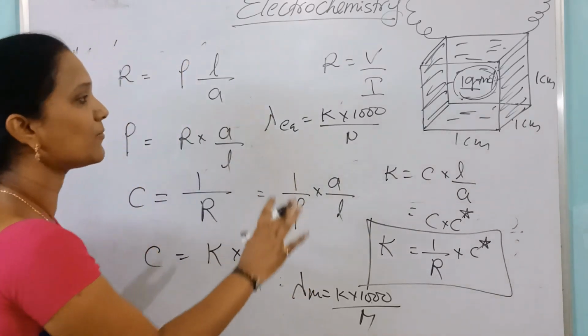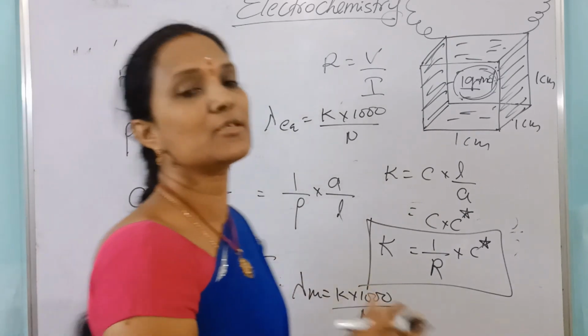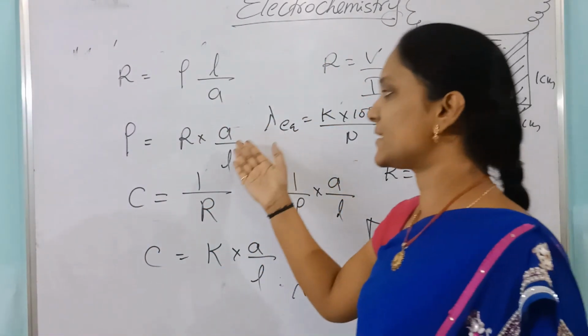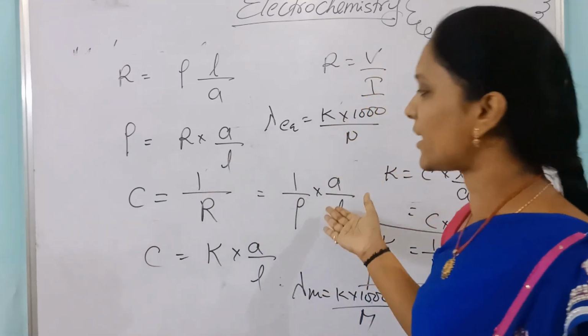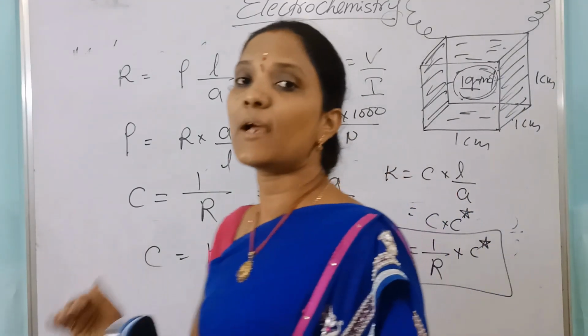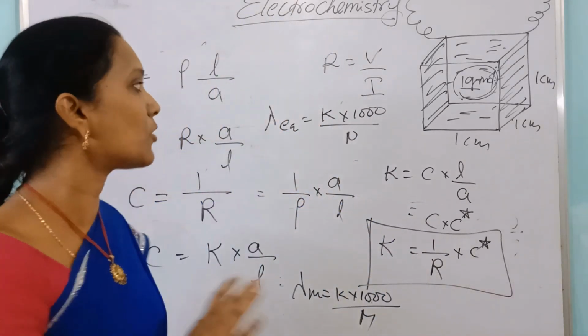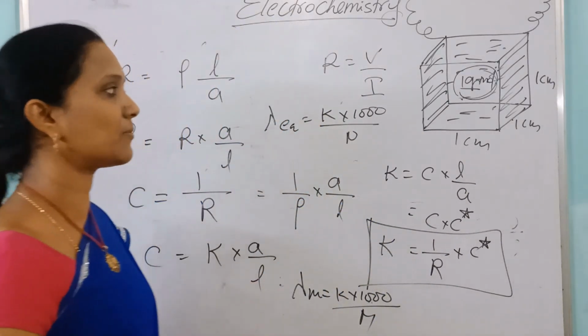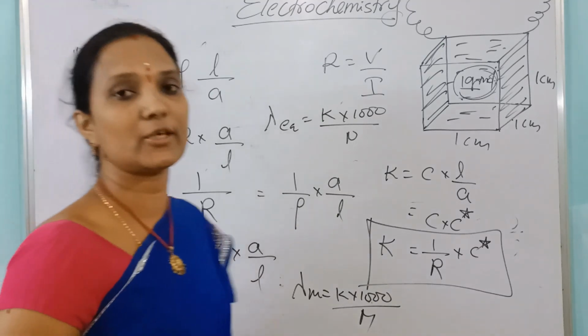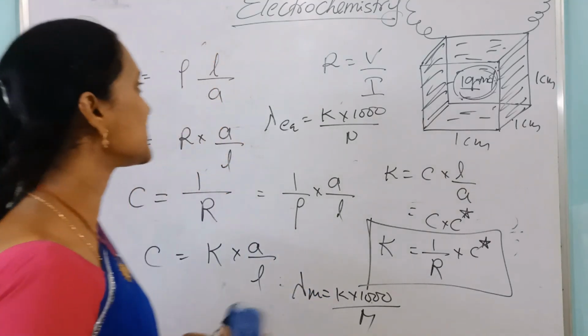These are the different formulae we use here: resistance calculation, conductance calculation, resistivity calculation, conductivity calculation, molar conductance calculation and equivalent conductance calculation. These are the different terms in electrochemistry. Okay, so now let us start problems.